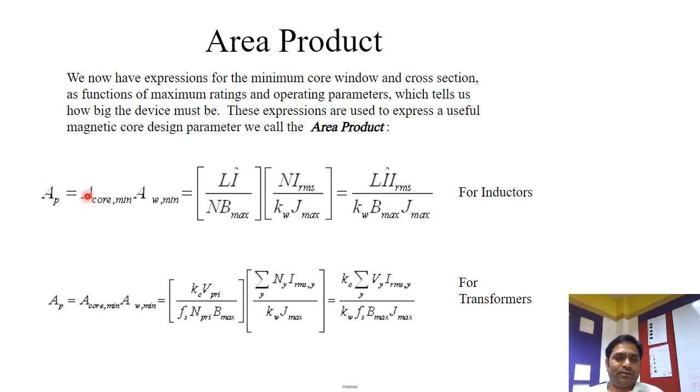So the area product is equal to the core cross section area A core, which is the minimum requirement, times the conductor area AW. This is the core window area, sorry, where we do the winding.